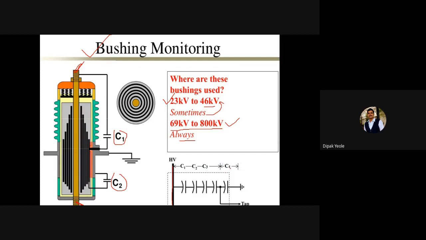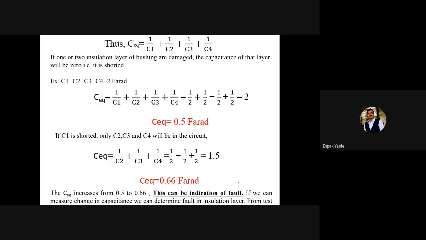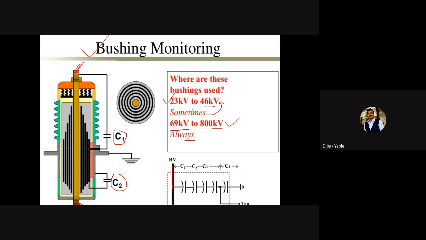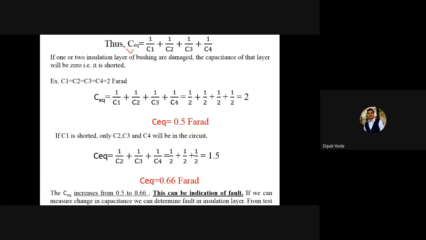And this C4 capacitance is available between the tap and the ground terminal. Let's say we are interested in calculating the equivalent capacitance. We know that when the capacitances are in series, then 1 upon C equivalent is 1 upon C1 plus 1 upon C2 plus 1 upon C3 plus 1 upon C4.